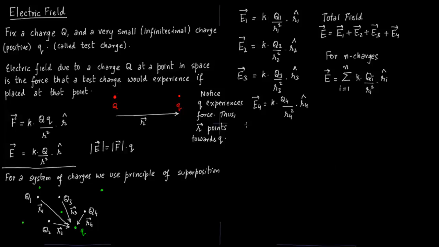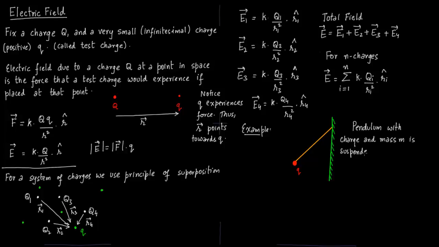Now let us do an example about this electric field, and this example will relate electric field and the force. So say you have this charged pendulum and it is carrying a charge q. So this pendulum has some weight, it has a charge, and it is suspended in the field.